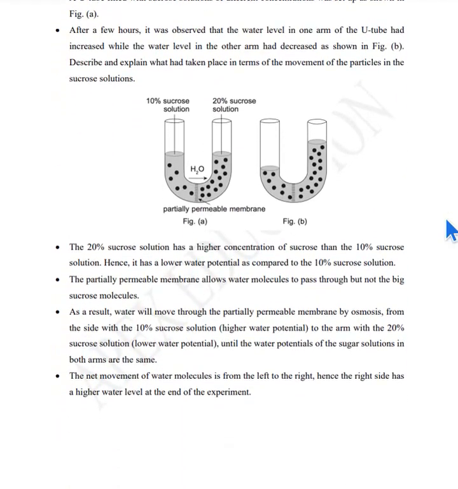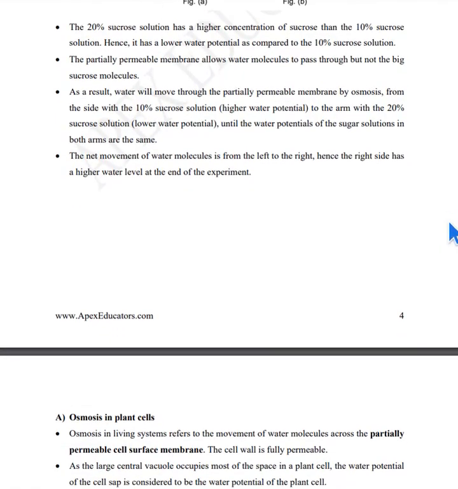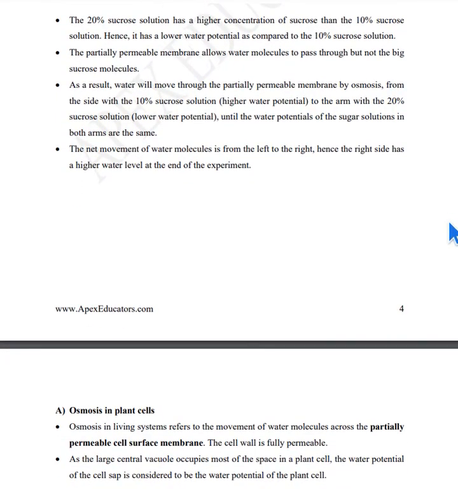For the example, you don't really need to know, except for this. You need to tell me that the solution has a higher concentration of something than the 10% solution, hence it has a lower water potential compared to the sucrose solution.